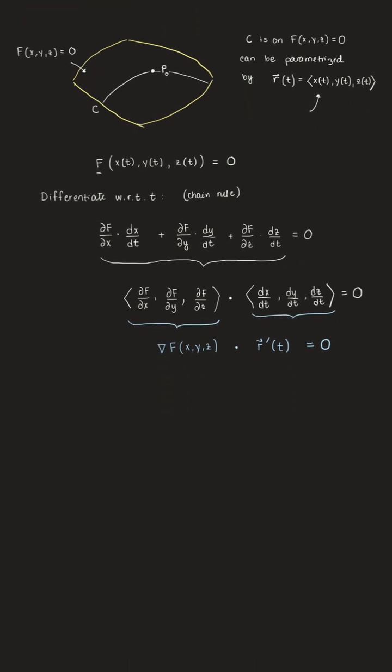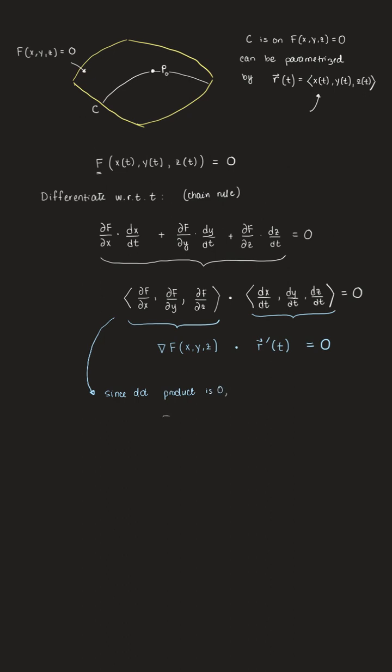Because this dot product is 0, the implication here between these two vector functions has to be that they are orthogonal. So since the dot product is 0, so we're almost there.